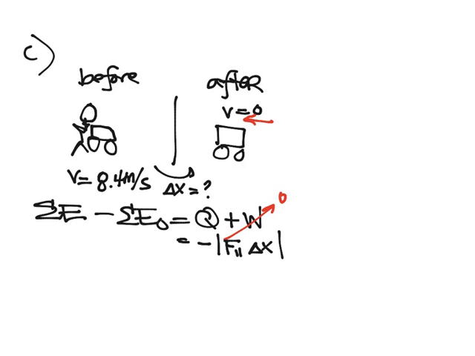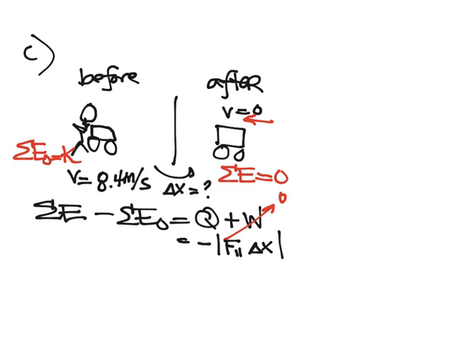Our object is not up at a height, so there's no UG, and so at the end, sigma E has to be equal to 0, because it's not moving. At the beginning, sigma E naught is going to be kinetic energy because it's moving. There's no UG at the beginning because this thing is not up at a height, and there's no spring involved.